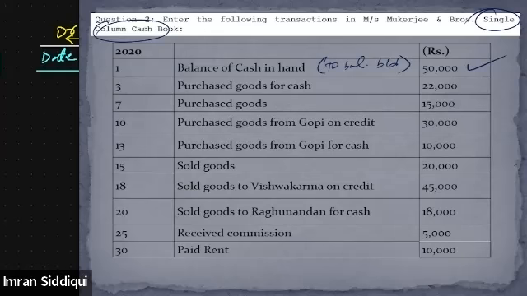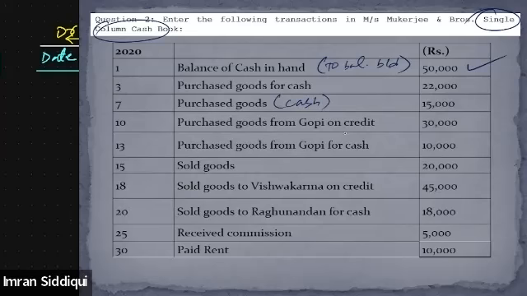Since the question is not telling us whether we are buying it for cash or credit, we will simply presume that we must have bought the goods on cash, because the name of the seller is also not there in the seventh transaction or in the third transaction.